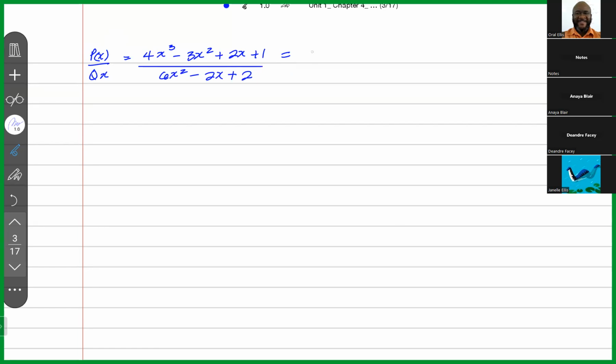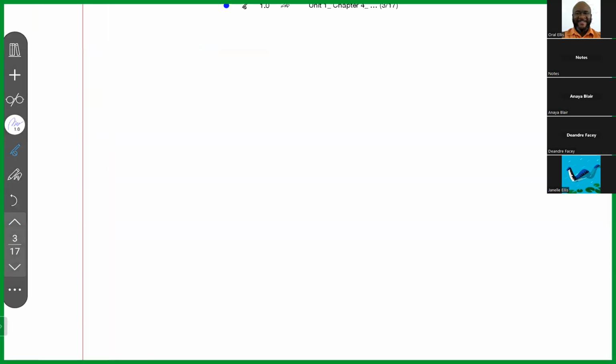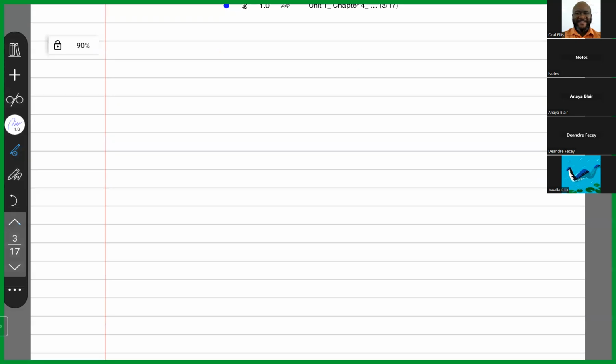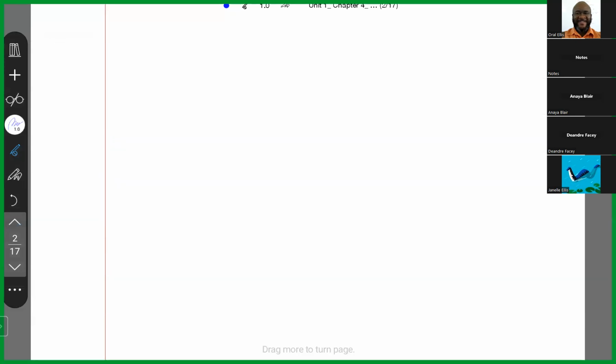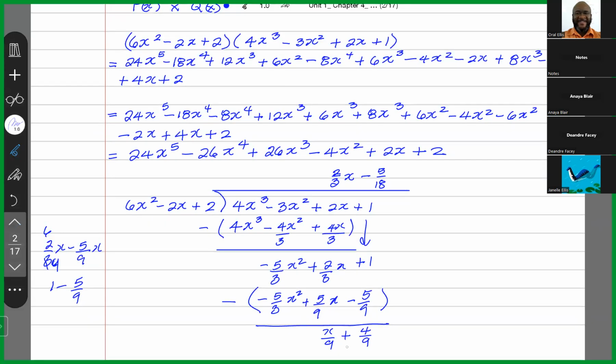We got 2 thirds x minus 5 over 18, and the remainder, which is at the bottom of the screen, 1/9 x plus 4 over 9. So that's the remainder.